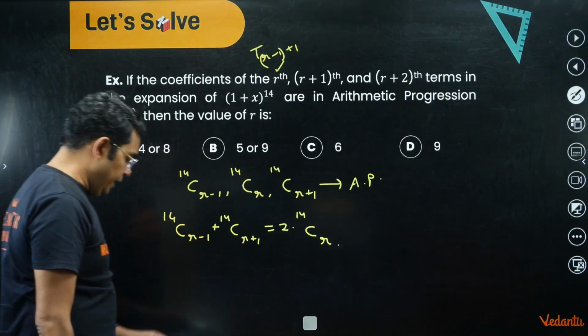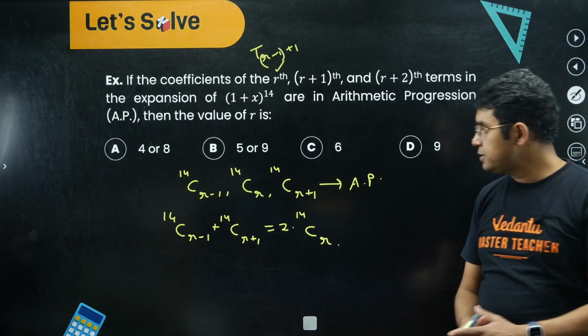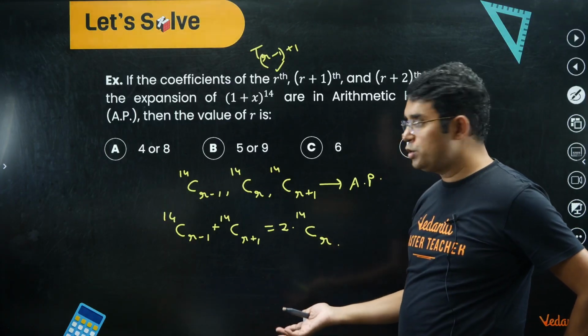Okay, after that it is simple calculation. You may choose to do it in numerous ways. One method is direct: you divide by 14Cr on both sides.